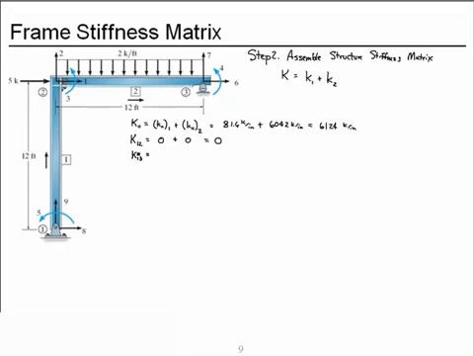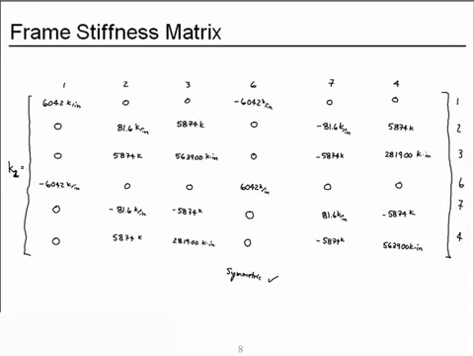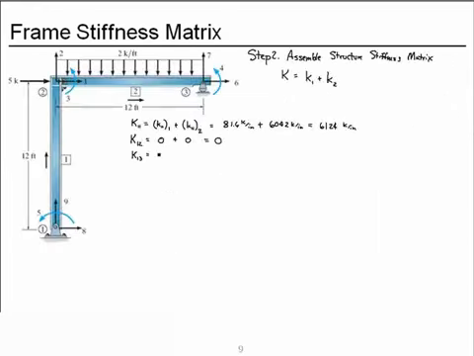Again, that means force at degree of freedom 1 due to deformation at degree of freedom 3. From member 1, row 1, column 3 gives us this coefficient. And from member 2, row 1, column 3 adds in 0. So we have 5874 kips plus 0. So our stiffness coefficient is 5874 kips.